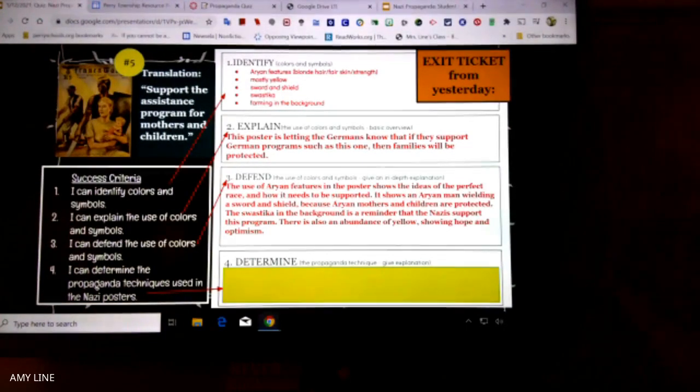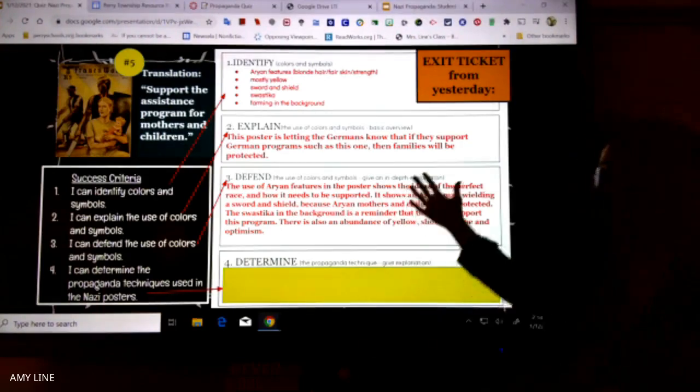It shows an Aryan bull wielding a sword and shield to protect lovers and children in the picture. The swastika in the background is a reminder of Nazi support of this program. There is also an abundance of revolutionary. Yeah. All right. Excellent.